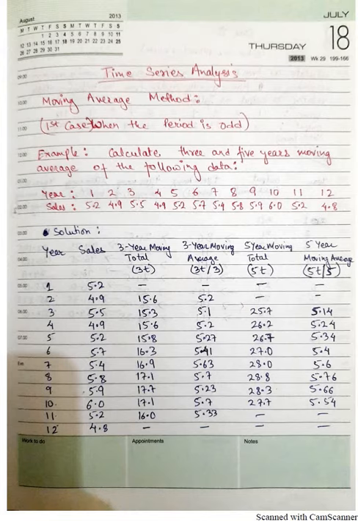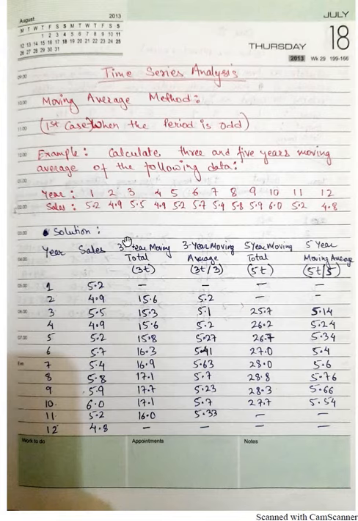So let us first see how we find a 3 years moving average. Forget about 5, we will first find the 3 years moving average. So here we will make another column, that is the 3 year moving total, and let us name it as 3T. You can name anything you want, x, y, z, anything, I'm just naming it 3T.